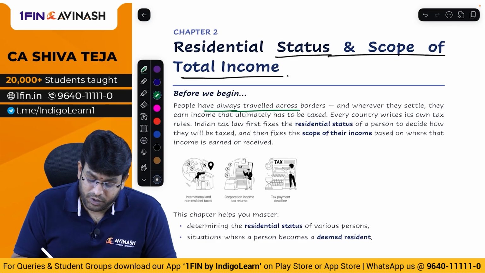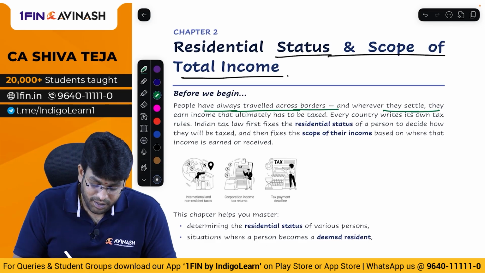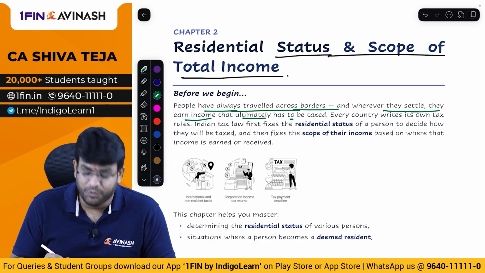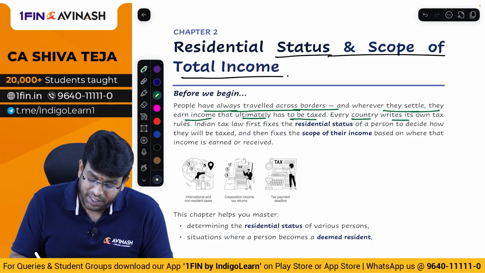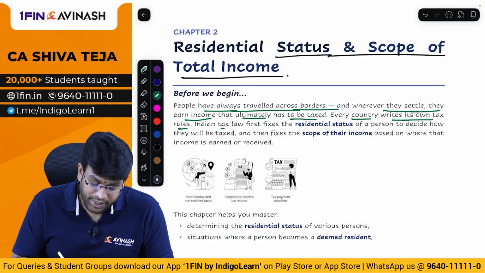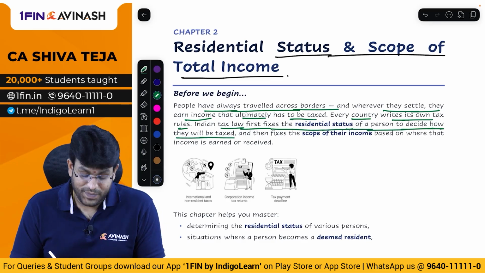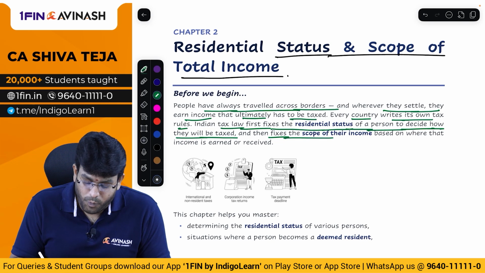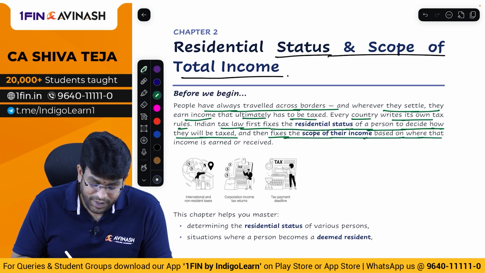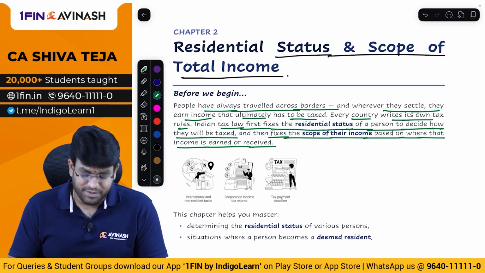People have always traveled across borders, and wherever they settle, they earn income that ultimately has to be taxed. Every country writes its own tax rules. Indian tax law first fixes the residential status of a person to decide how they will be taxed, and then fixes the scope of their income based on where that income is earned or received.